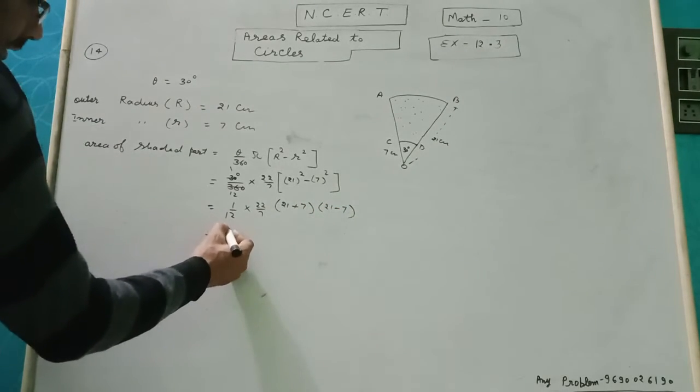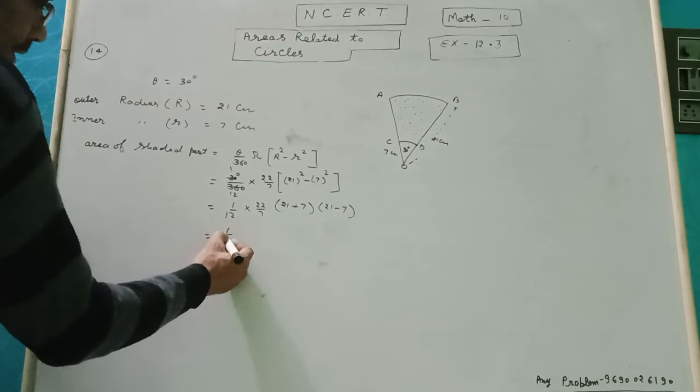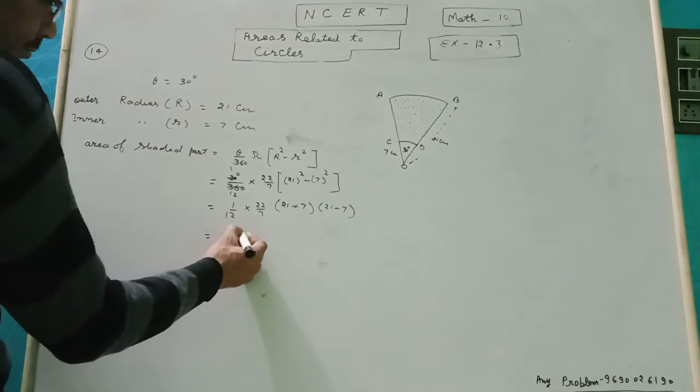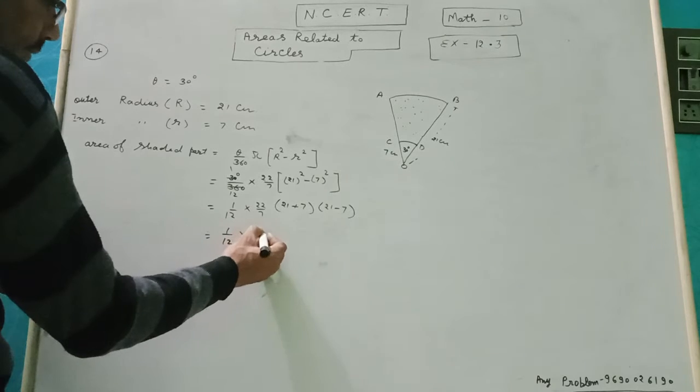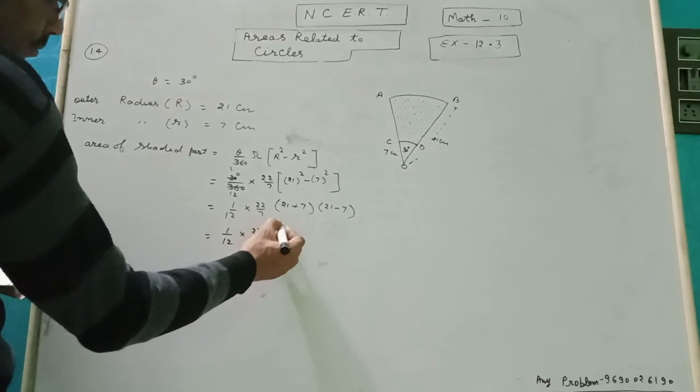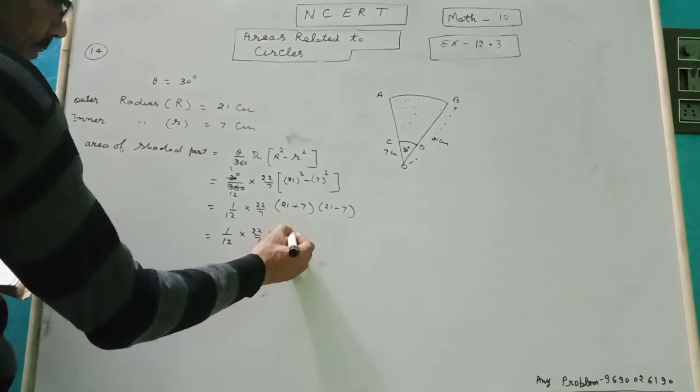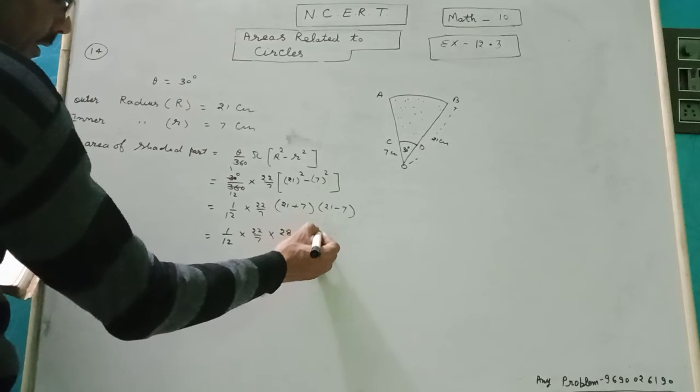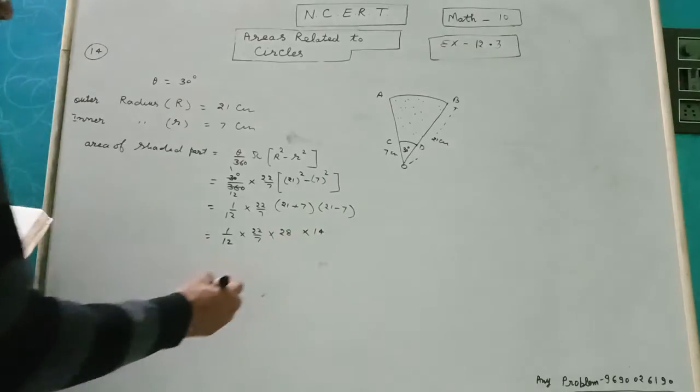After plus and minus, the formula is a square minus b square. 22 upon 7 into, after plus is 28, after minus is 14.